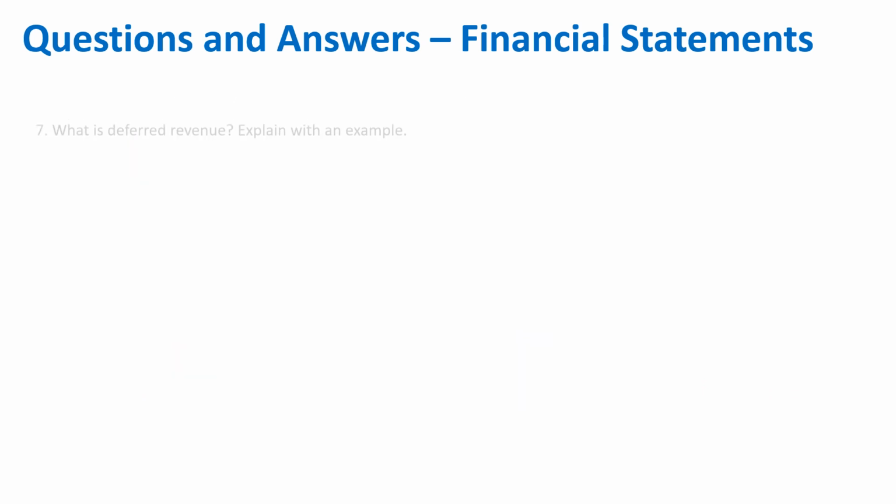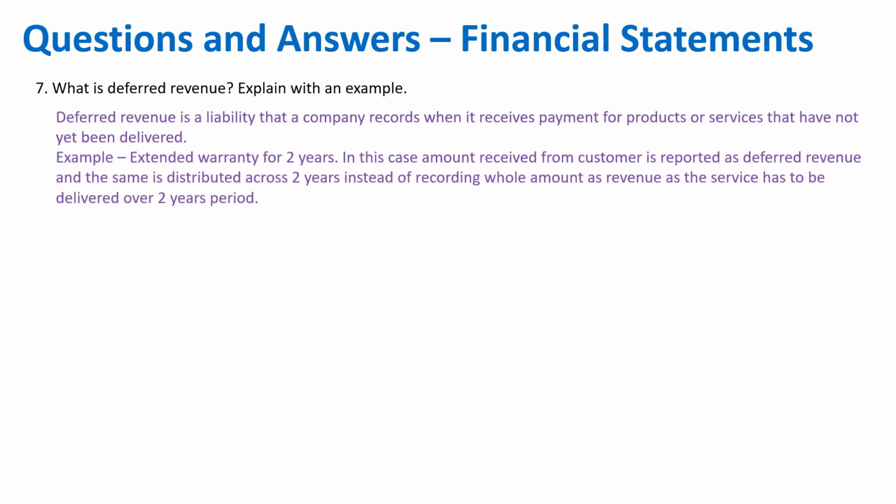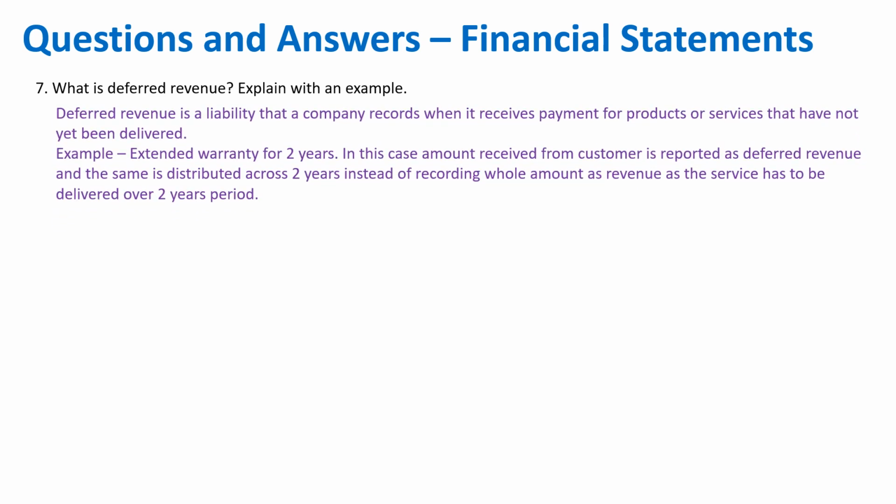Question number 7. What is deferred revenue? Explain with an example. So deferred revenue is a liability that a company records when it receives payment for products or services that have not yet been delivered. So what is happening in this case? The company is issuing the invoice, but the obligation will be completed in future, right? It is not happening on the day of raising the invoice. So let's take an example here.